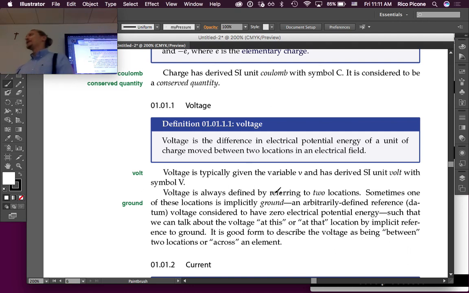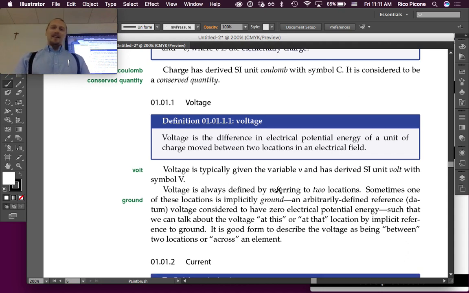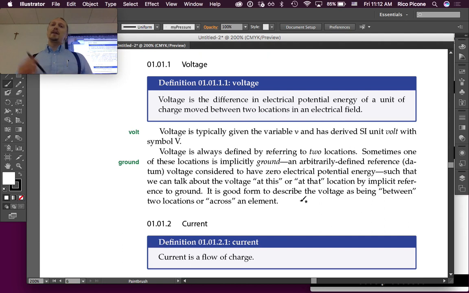And electric fields are a little suspicious. We don't trust them. Gravity makes a lot more sense to us, at least to me. So, voltage is typically given the variable v, lowercase v, and has derived SI unit volt with symbol capital V. A little side note, when I write my small v's I write them like that, and my big V's like this, because up on the board it's really hard to tell size.